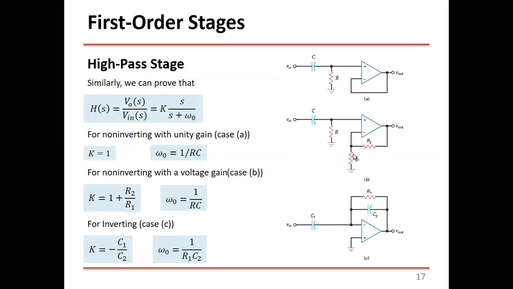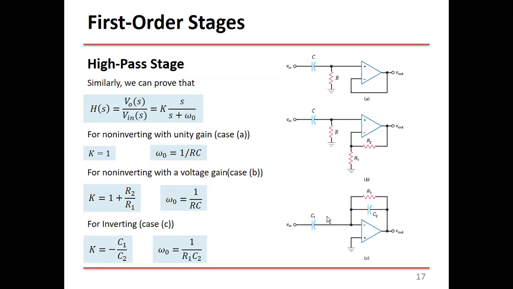I'm talking here about the non-inverting case. And in the inverting case, K is going to be minus C1 over C2, and omega naught will be 1 over R1 C2. And here, despite the fact that it's first order, you have 2 capacitors.